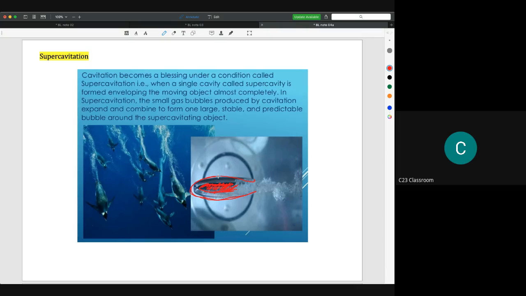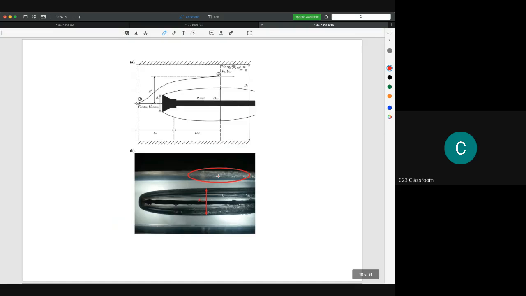Cavitation becomes a blessing under a condition called supercavitation, when a single cavity called a supercavity is formed, enveloping the moving object almost completely. In supercavitation, the small gas bubbles produced by cavitation expand and combine to form one large, stable and predictable bubble around the supercavitating object.